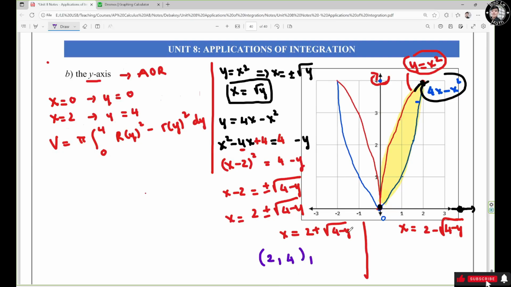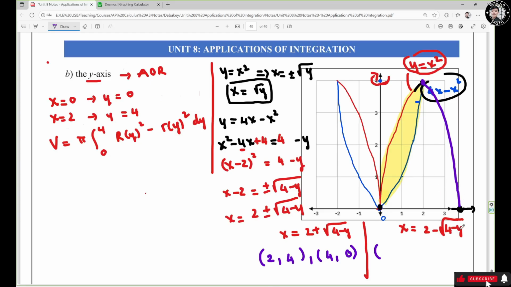Y equals 4, s equals 2. Y equals 0, s equals 4, right? So s equals 2, y equals 4 is going to be right here. S equals 4, y equals 0 is going to be like this, right?